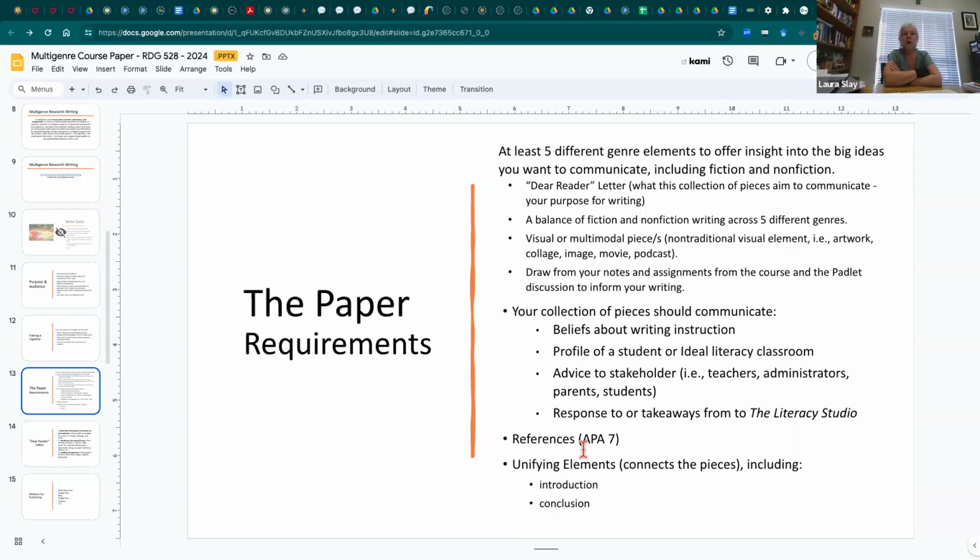Include within all of this something that is visual or multimodal. That's where your modes come in. It could be images, it could be a video. However, in the course of your video, I discourage you, that's the word I was looking for, from going out to YouTube and finding somebody else's video.